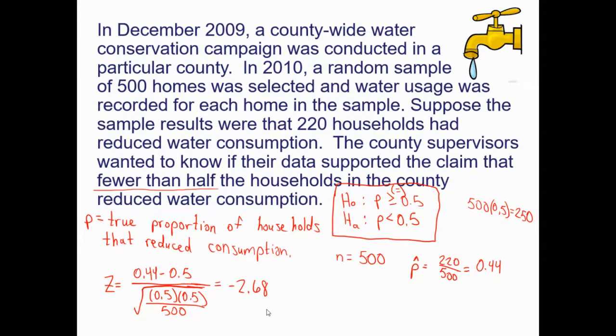Okay, so since we're needing to find the p-value, what kind of test is this? It's less than, so I need to find the probability that Z is less than negative 2.68. So that's where our Z tables would come in. If I look this up in the Z table, I would get 0.0037.